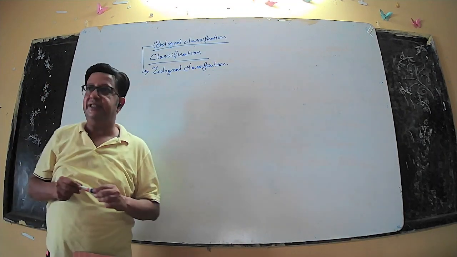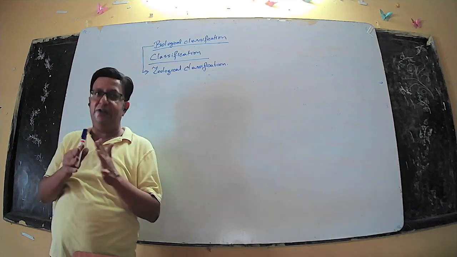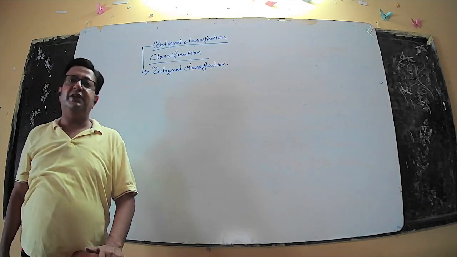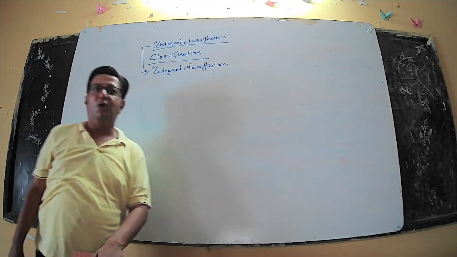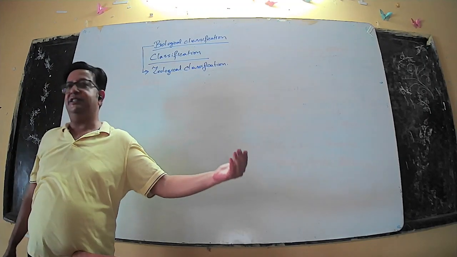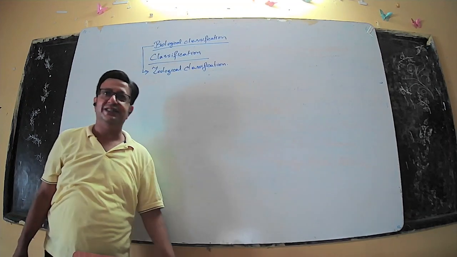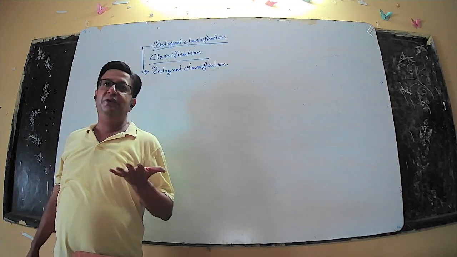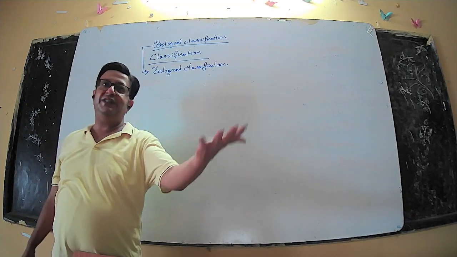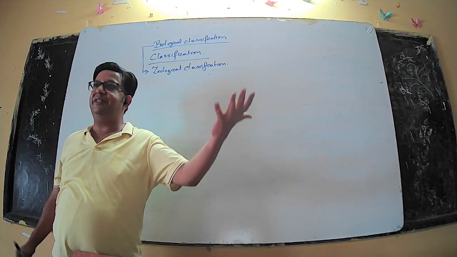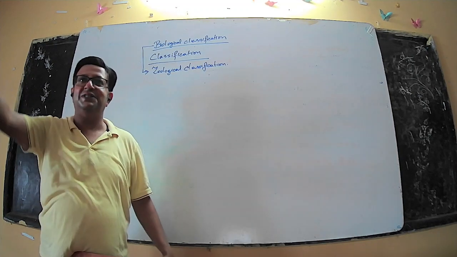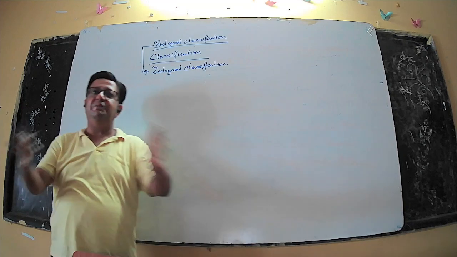Botanists and zoologists never go along well together. They are never friends. So botanists will call it botanical classification, and zoologists will call it zoological classification. They will give you a type of classification like Bentham and Hooker's classification. I will give you Whittaker's classification. So they never meet together.